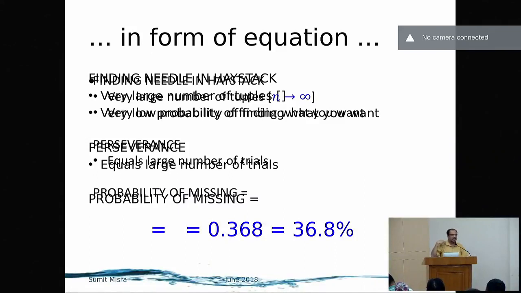If I repeat it n times and n is very large, then I have (1 minus 1 by n) to the power of n. As n tends to infinity, it will be e to the power of minus 1. So the probability of missing is 36.8%, and the probability of finding is 1 minus this. So even if you try infinite times, you will not be able to reach a reliability beyond this. So there have to be stronger methods of arriving at a better answer.